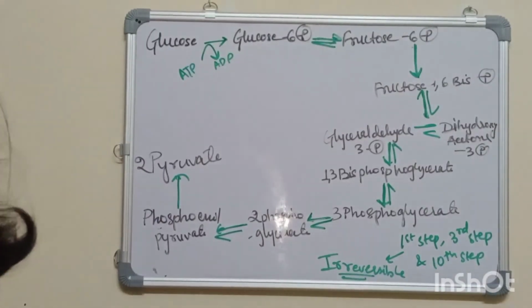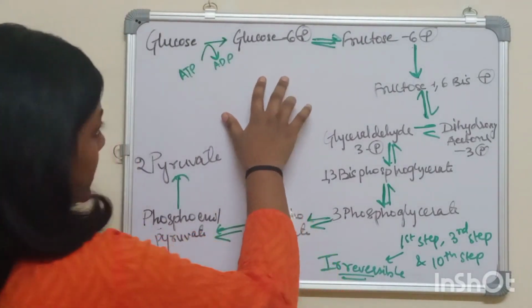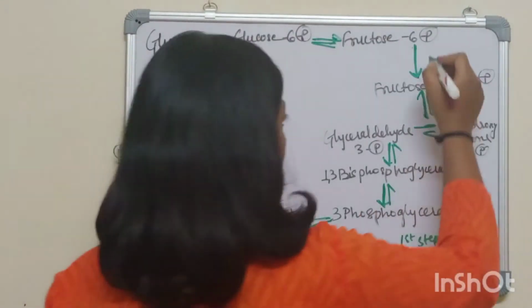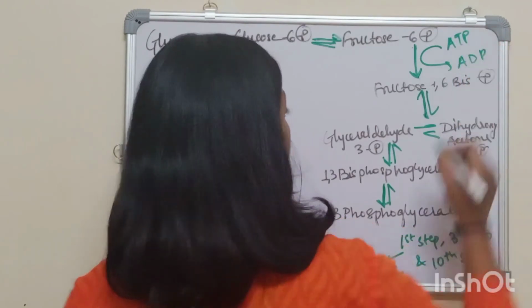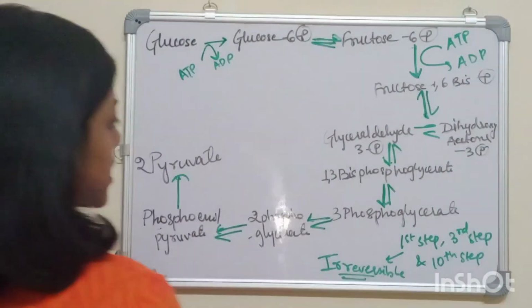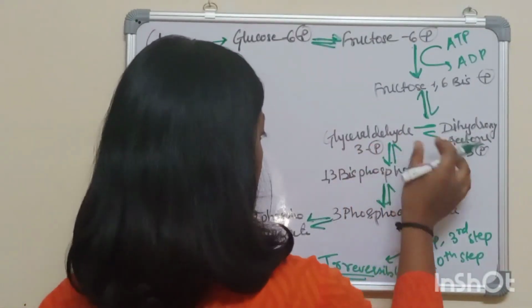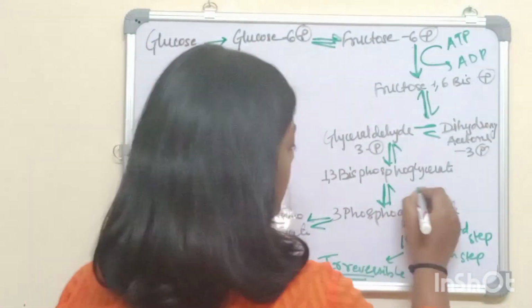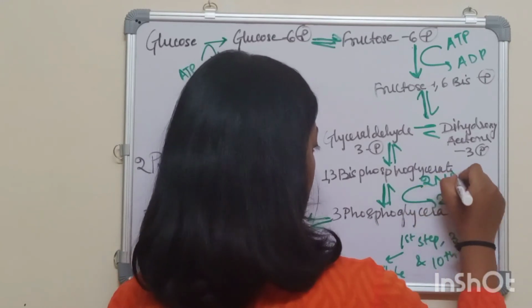Now glucose is converted to glucose 6-phosphate by using 1 ATP. Then glucose 6-phosphate is converted to fructose 6-phosphate. Fructose 6-phosphate is converted to fructose 1,6-bisphosphate. 1 more ATP was used. Then fructose 1,6-bisphosphate is converted into glyceraldehyde 3-phosphate and dihydroxyacetone phosphate. They are interconvertible; these are isomers. Then glyceraldehyde 3-phosphate gets converted into 1,3-bisphosphoglycerate. Here 2 NADH are produced from 2 NAD plus.